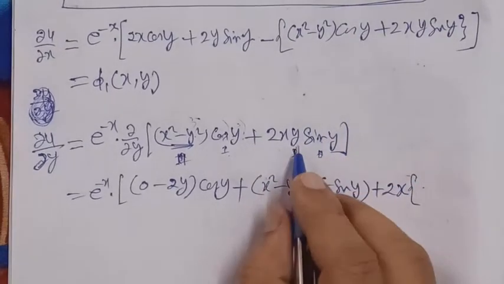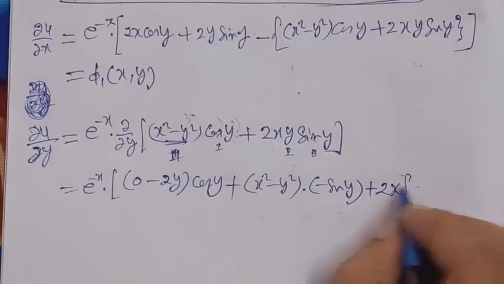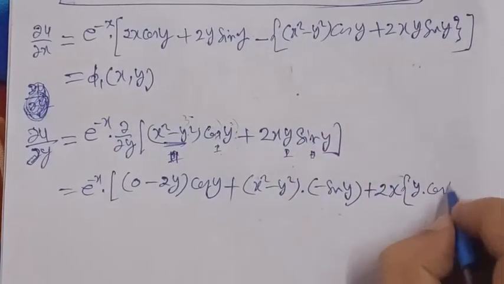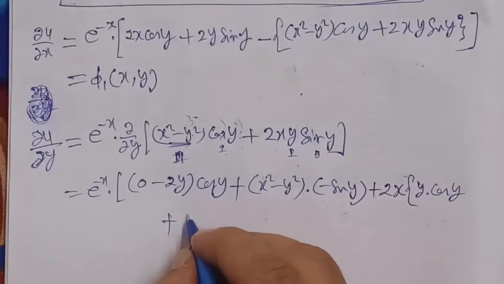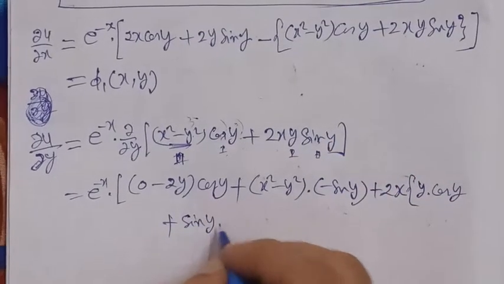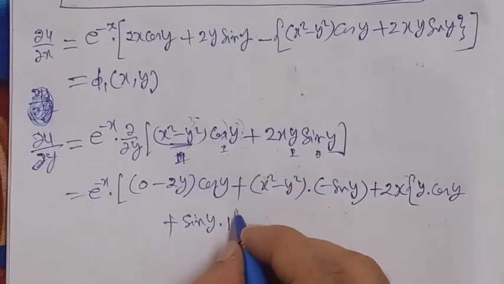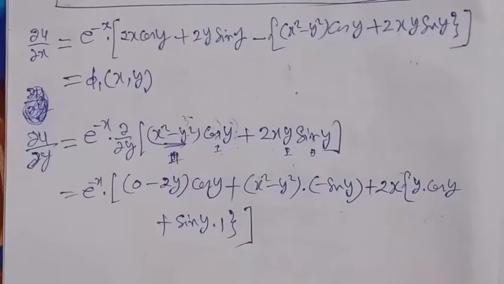So differentiate first function as it is, differentiation of second, plus second function as it is, differentiation of first, which is equal to 1, close bracket, and also this square bracket, close square bracket.